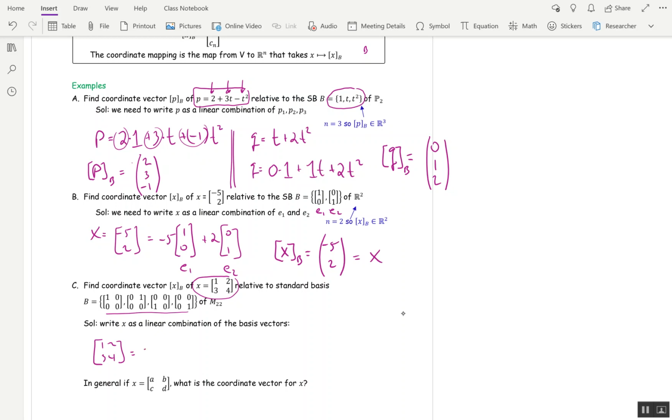So that would be 1 times the matrix [1, 0; 0, 0] plus 2 times the vector or matrix, whatever you want to call it, [0, 1; 0, 0]. And then we want a 3 in the bottom left spot, so we'll go [0, 0; 1, 0]. And finally, a 4 in the bottom right spot.